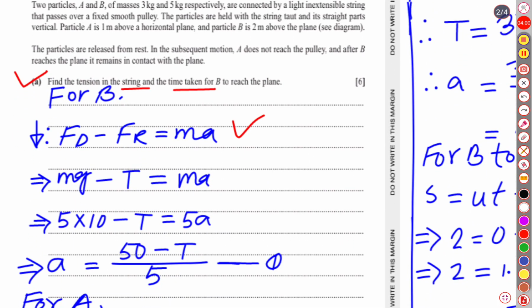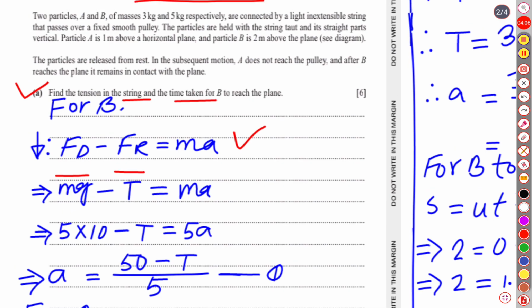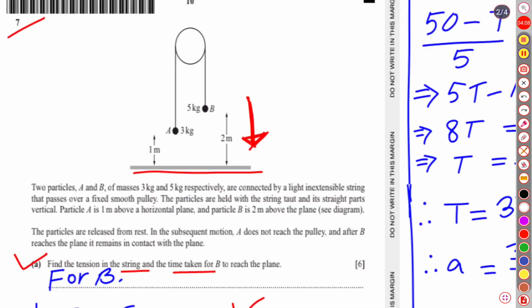So we have written weight is the driving force, and what is the resisting force? Look, the part which is resisting particle B is the tension in the string. It is causing resistance. So the only resistance force is the tension. There is no more force acting on this.